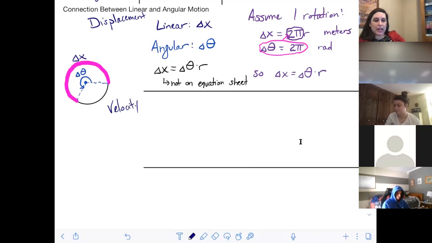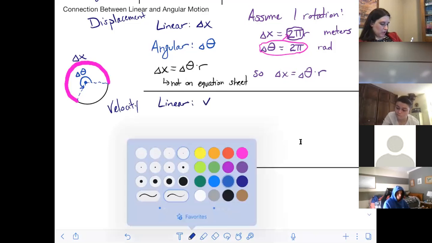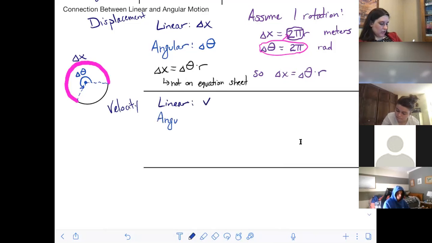Now let's try to relate linear velocity and angular velocity. When we talk about linear velocity, we're talking about v. When we are talking about angular velocity, we're talking about omega. Again, both of these things are trying to describe how fast you're moving.